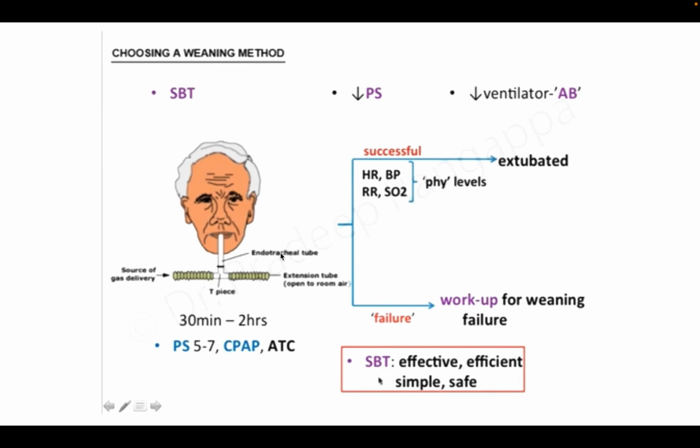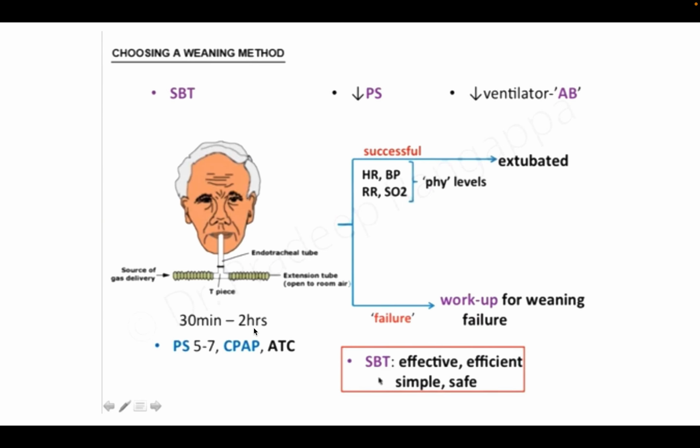But if this T-piece trial fails, then we need to go ahead and do the workup for weaning failure. And the classical duration of the T-piece varies anywhere from 30 minutes to maybe 2 hours. This is a very classical duration during which the T-piece is given.